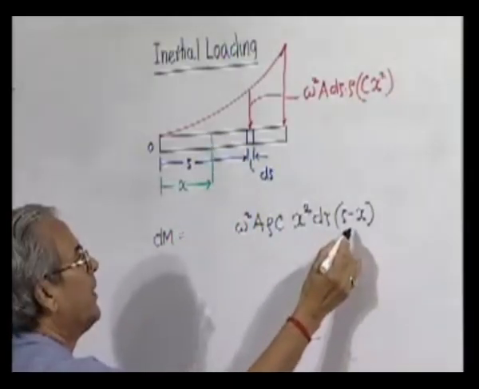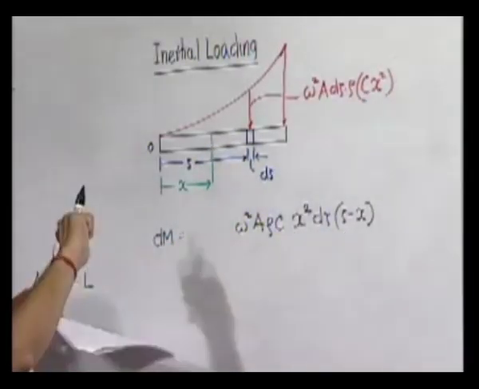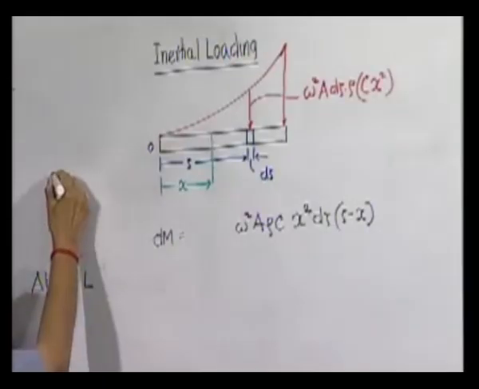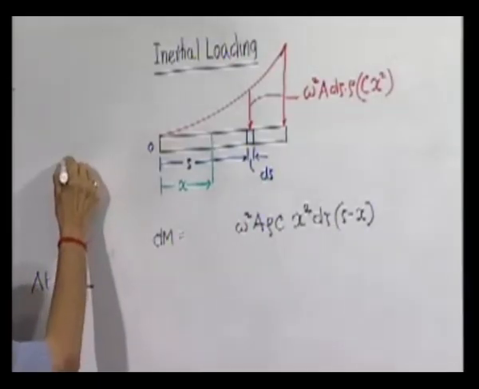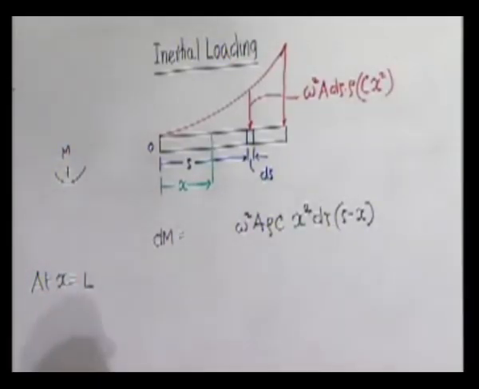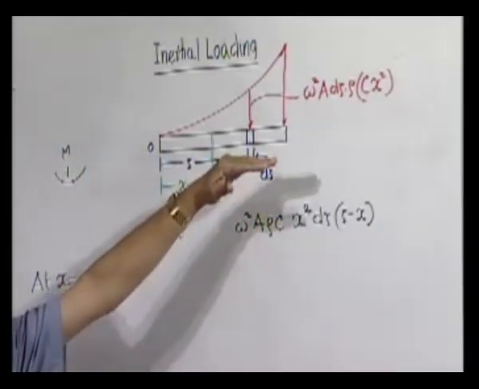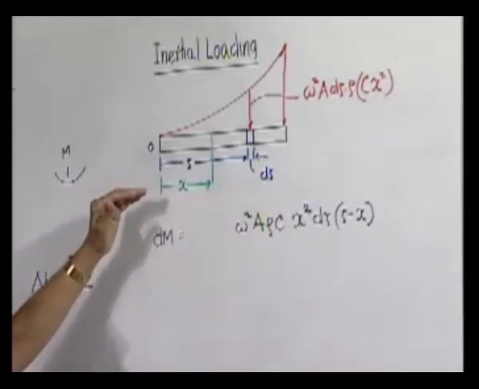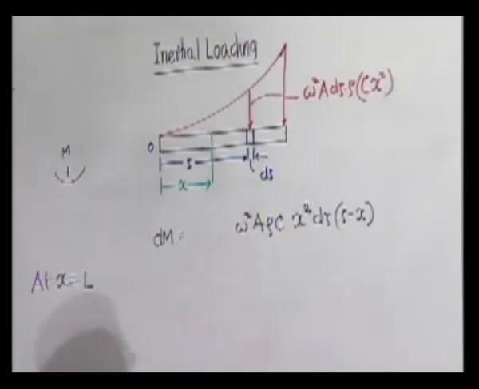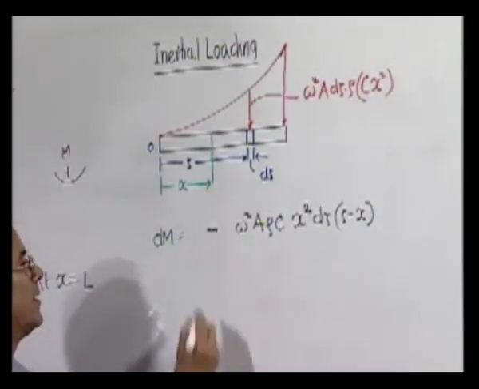So this will be the moment, and since our positive direction of moment was like this, and for that the slope of the neutral axis gradually decreases as x increases, here it will be gradually increasing, so there will be a negative.